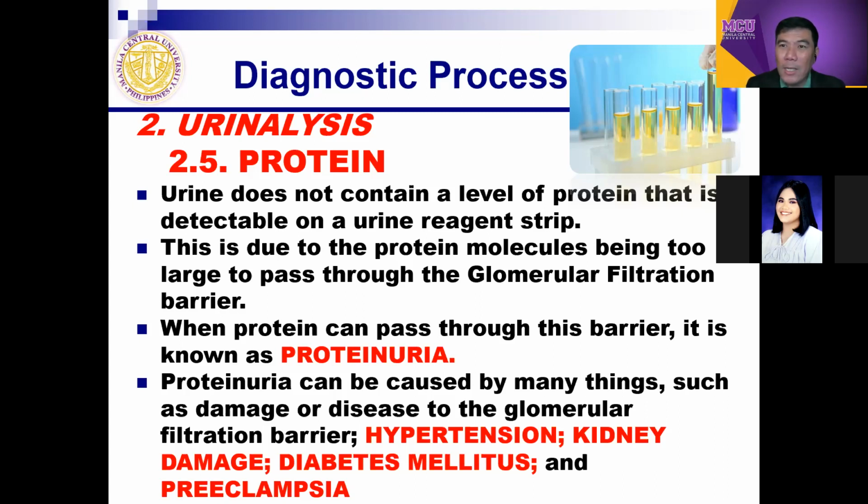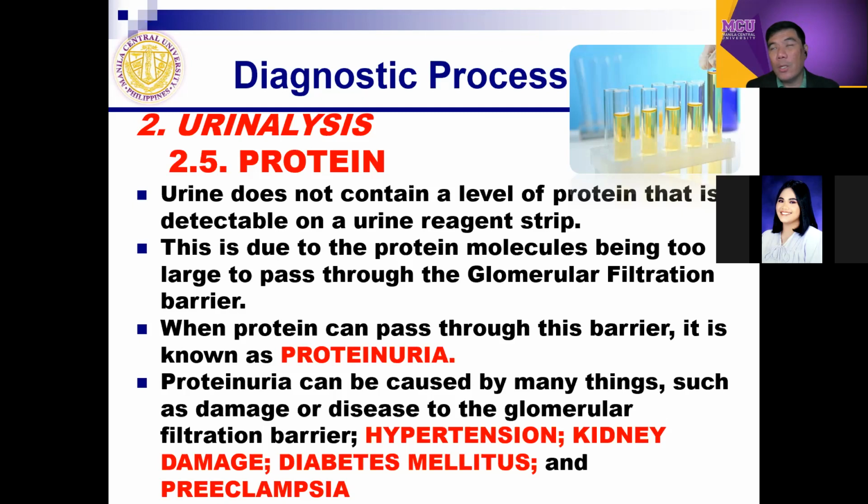The glomerular filtration barrier filters out the protein. Because of the size of protein molecules, they are expected not to pass through the filtration barrier. But if the level of protein is too much, definitely it can pass through this filtration barrier and lead to proteinuria.